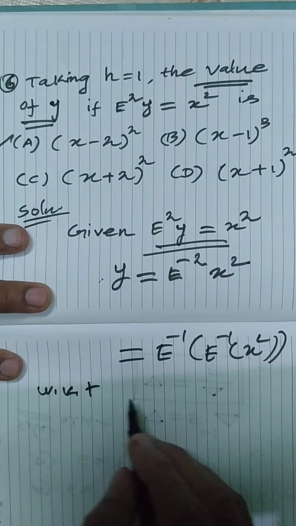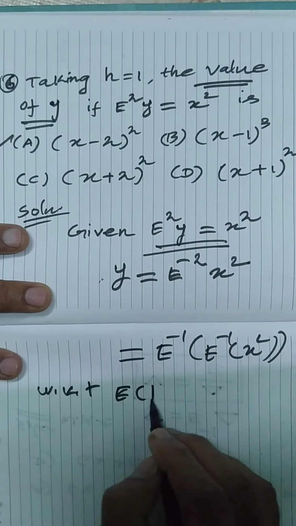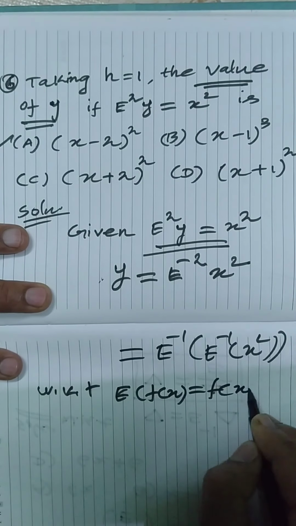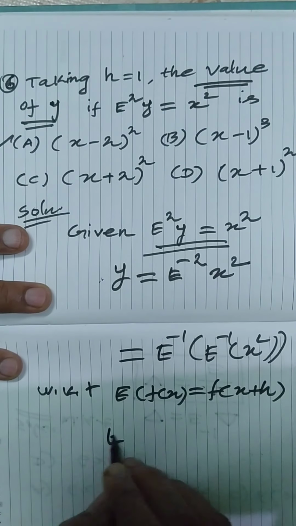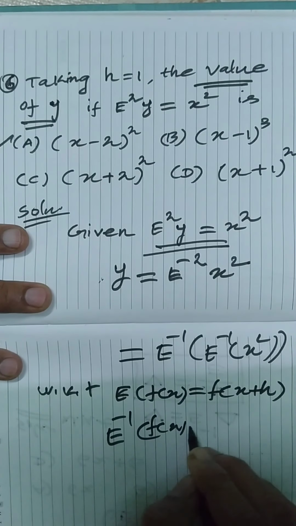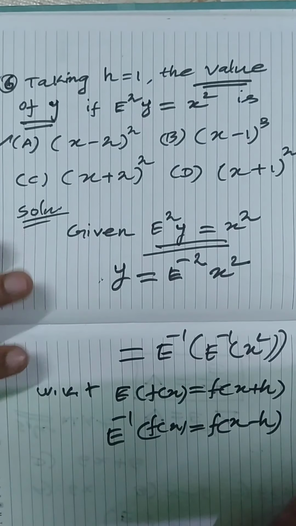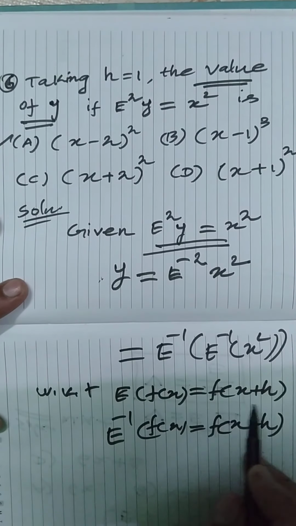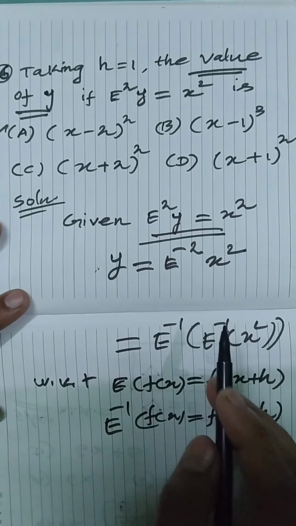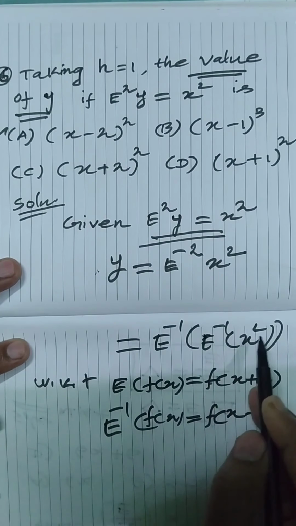We know that E of f of x is defined as f of x plus h. What about E power minus 1? That is E inverse of f of x, which is nothing but x minus h. So E of f of x is defined like that, E inverse f of x is x minus h. But here we have E inverse of x square only.